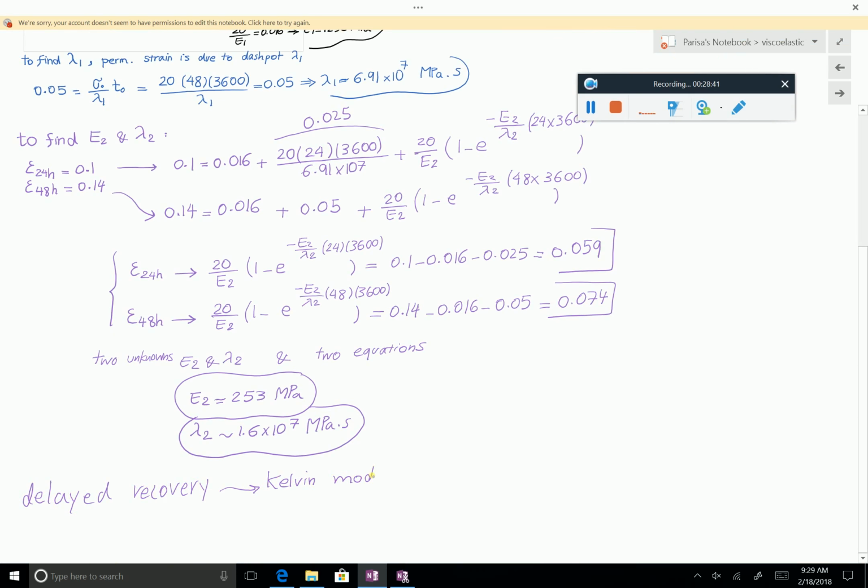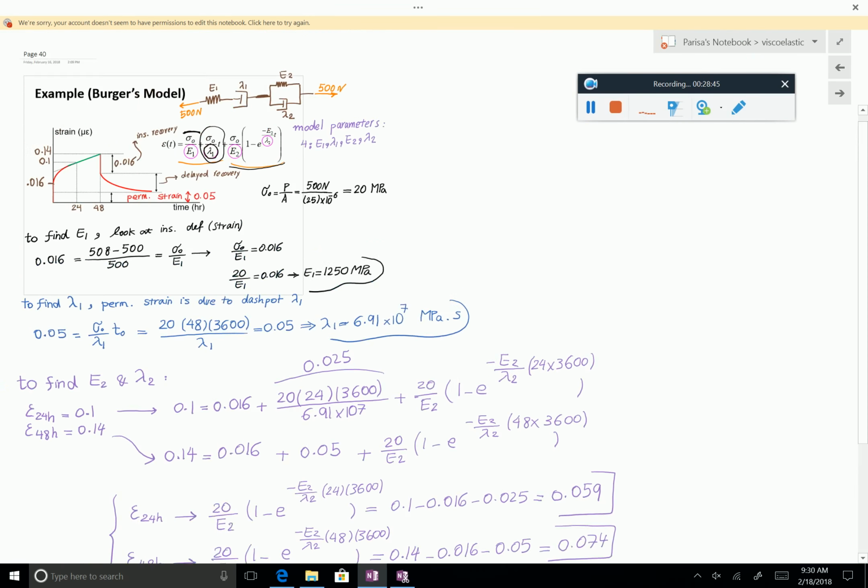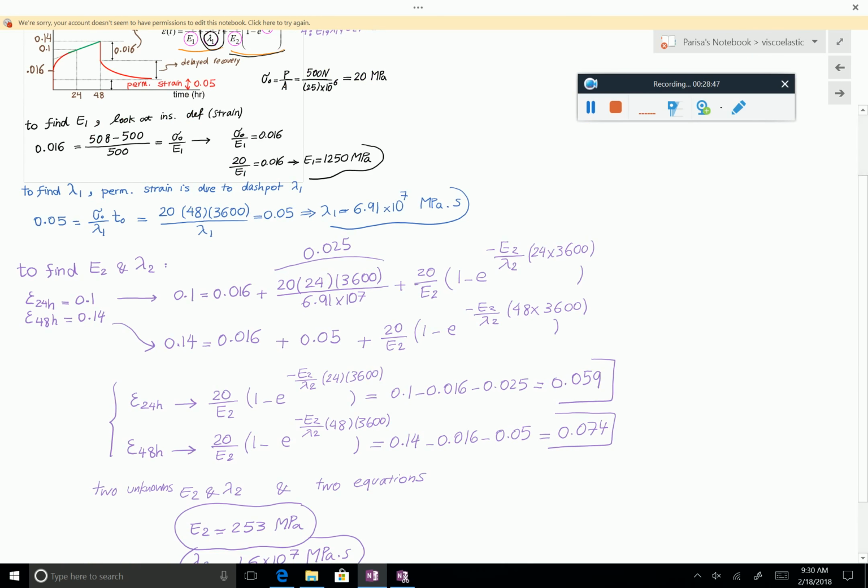So if we did that just by looking at the graph, we would see that the delayed recovery would be 0.14 minus 0.016 minus 0.005, which is the permanent strain.